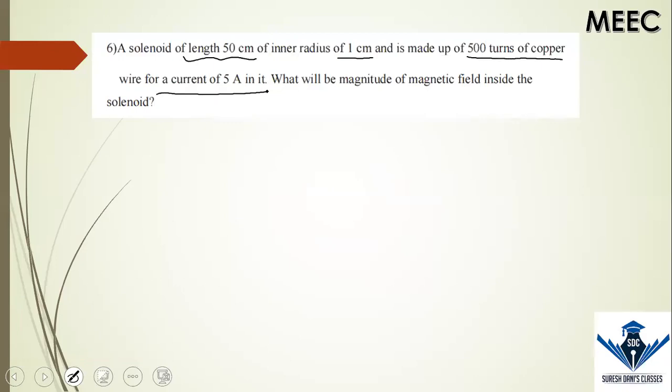Current is given to us, and they're asking what is the magnitude of the magnetic field inside the solenoid. I think everything is given to you. It's a pure calculation. Length is 50 centimeters, so that's 50 into 10 raised to minus 2 meters.